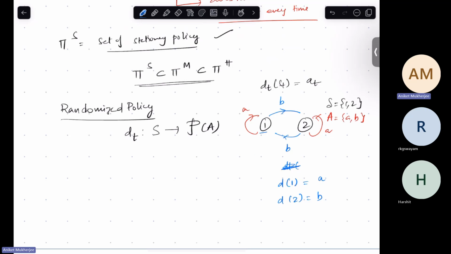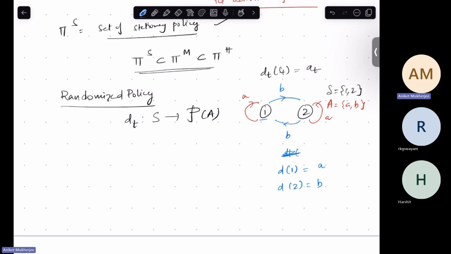If you run this decision rule, most of the time you'll stay at 1 throughout, and state 1 is more preferable than state 2. How that is defined will come later. So this is a deterministic strategy; each decision rule is deterministic.